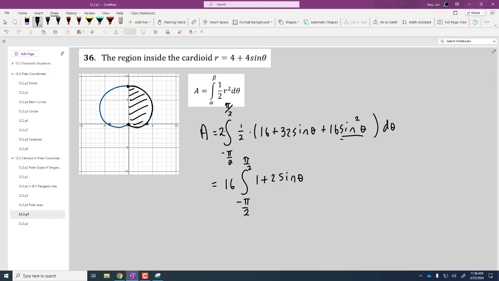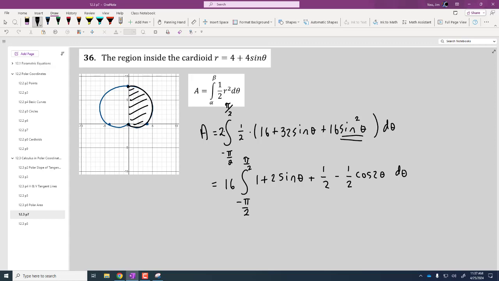So sine squared, what does that equal if we power reduce it? 2 sine cosine. 2 sine cosine is the double angle for sine. That's sine of 2 theta, not sine squared. 1/2. So 1/2, 1 minus cosine? So 1/2 minus 1/2 cosine of 2 theta.